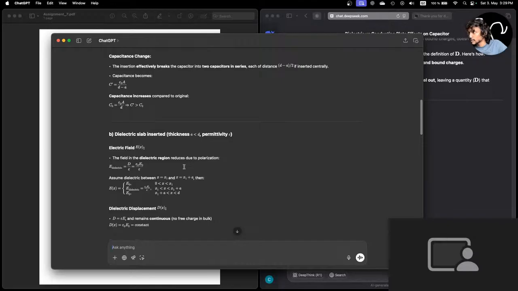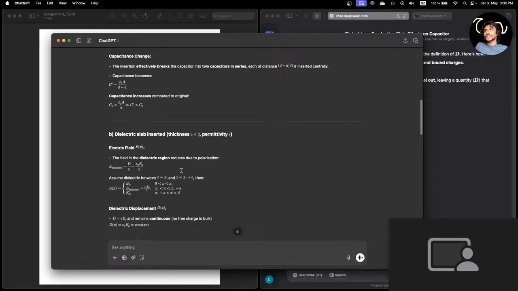Assume the dielectric between x equals x1 and x equals... okay. So the electric field is going to be the same as before outside the dielectric, and inside it's going to be epsilon 0 by epsilon into E0.